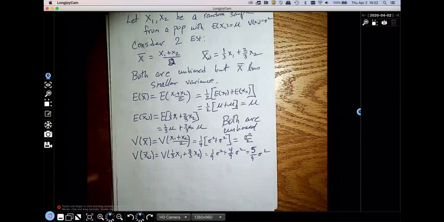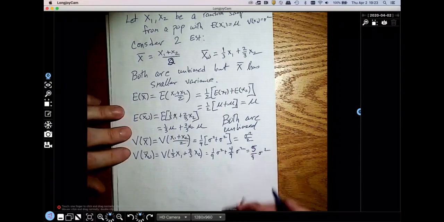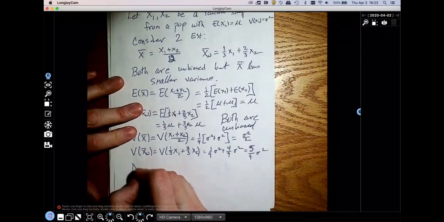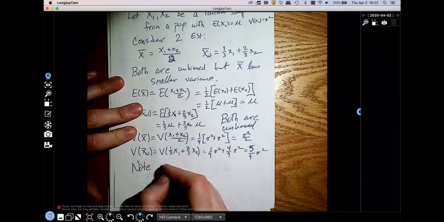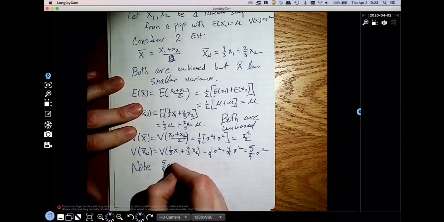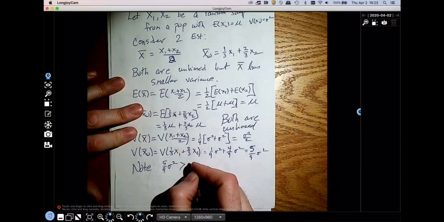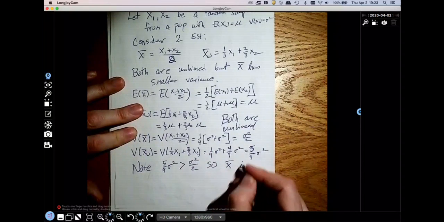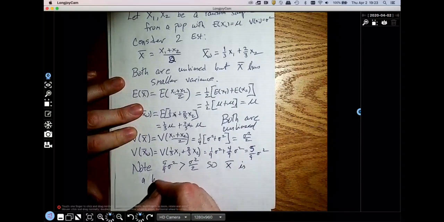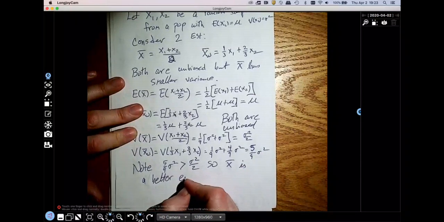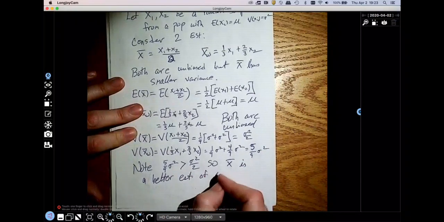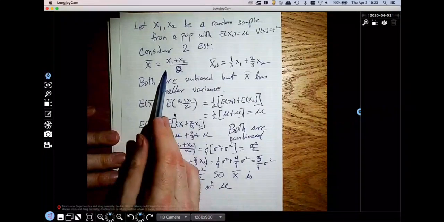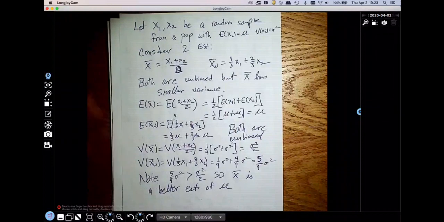So notice 5/9 sigma squared is greater than sigma squared over 2. So x bar is a better estimator of mu. So we would prefer this estimator, x bar, over this one in this setting.